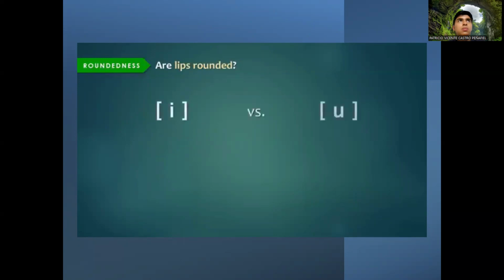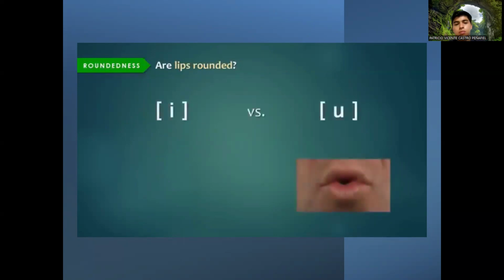The third criteria that linguists use when describing vowels is roundedness. Roundedness means whether or not the lips are rounded when producing the vowel. Now this is something that's very easy as you can feel and see when you are producing a rounded sound, or when the person that you're talking to is producing a rounded sound. So again, take the two sounds that we just used, E and OO.